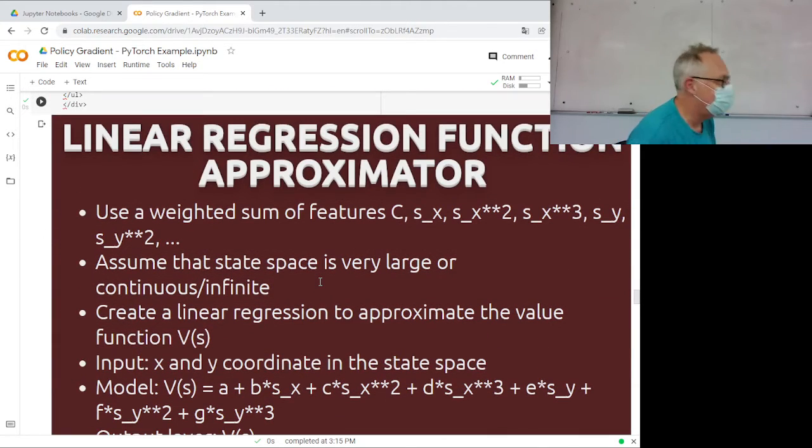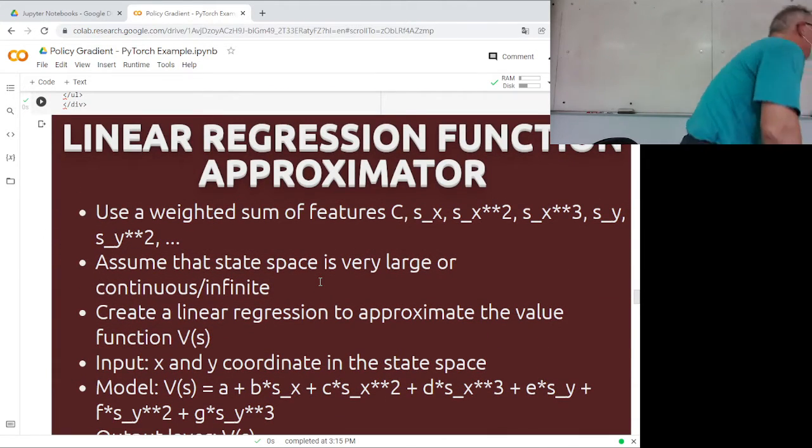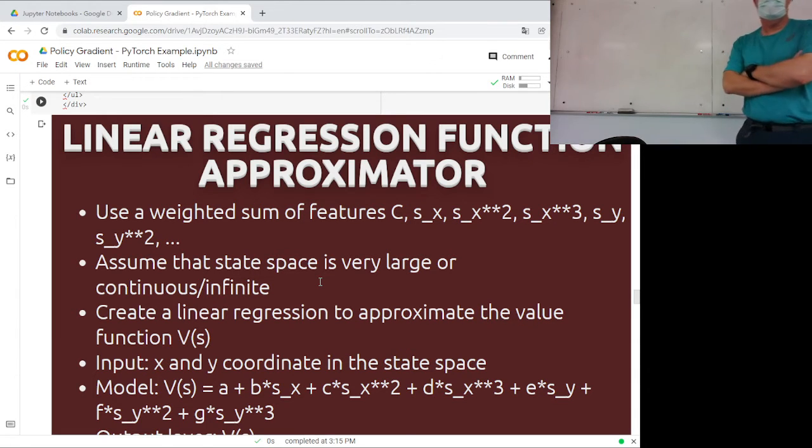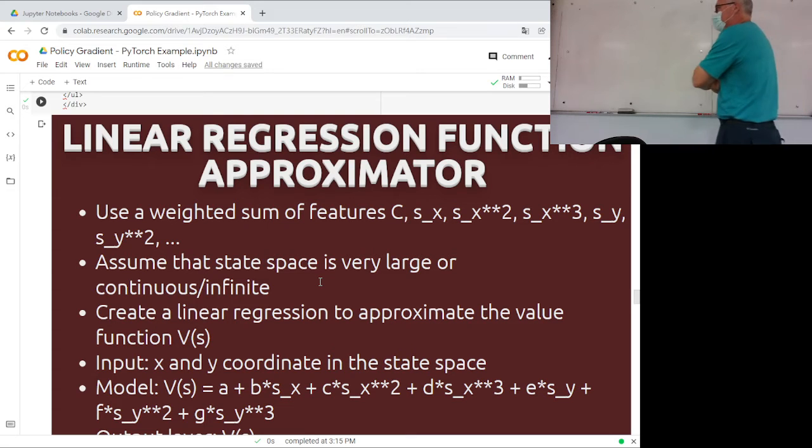So instead of as a table, I now want to represent it by a function, and that problem is then called regression. One of the most common algorithms for solving that kind of problem is linear regression.